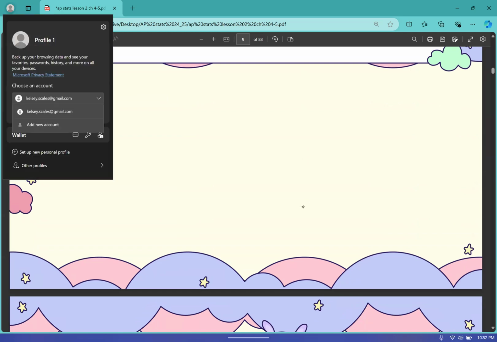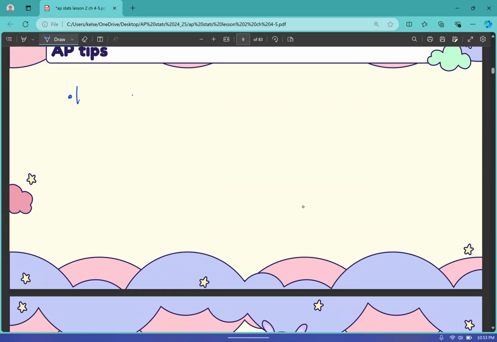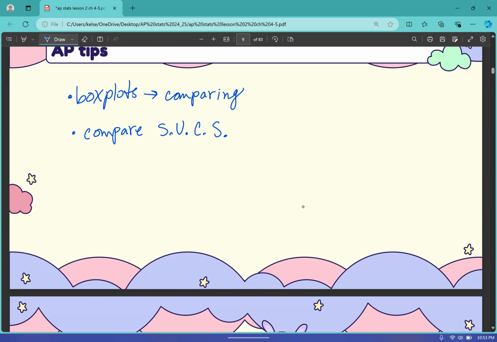When you're trying to compare, box plots are good for comparing, so use those. Also, when you're going through, make sure you compare all the elements of our acronym for both.